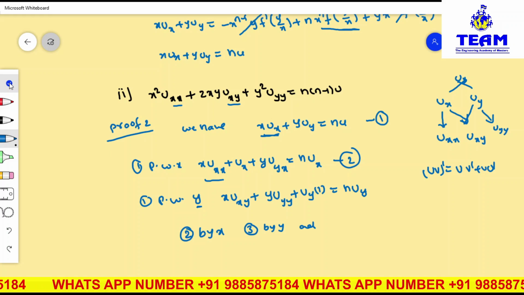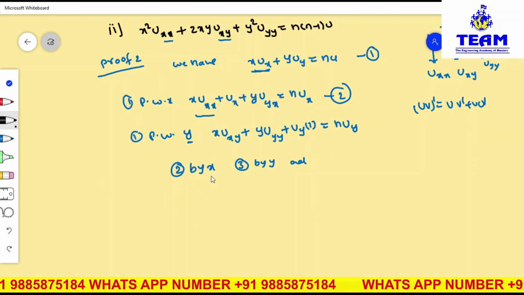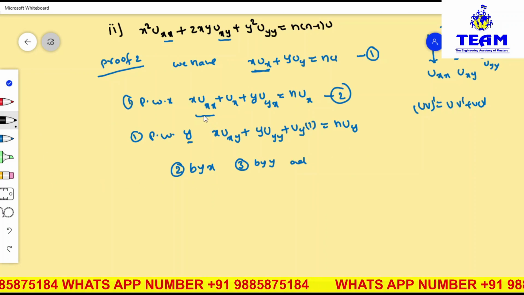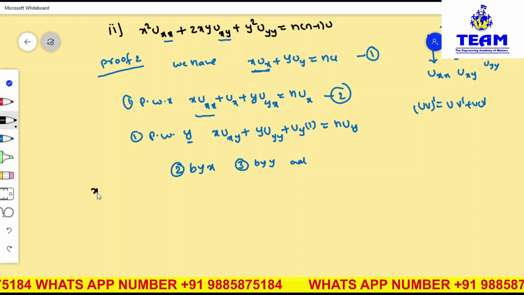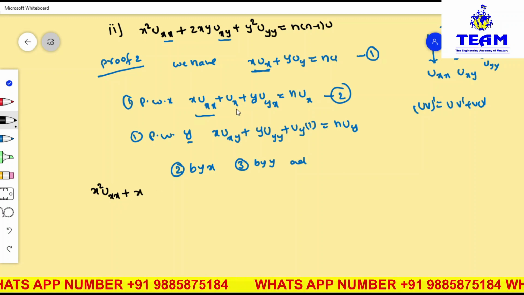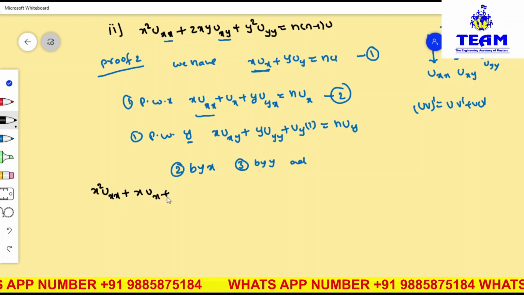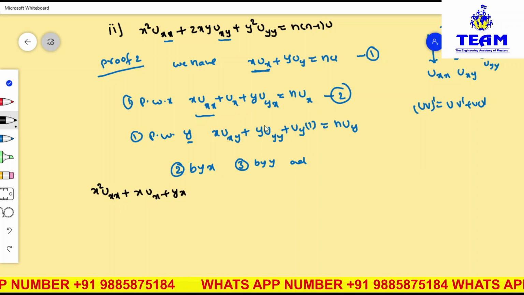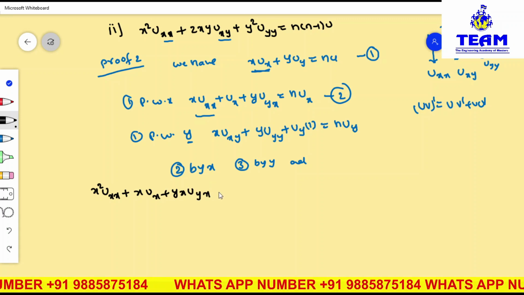Then we will have, if I multiply x for equation 2, then I will have x into x square into dou square u by dou x square, plus x into ux, plus yx into uyx is equal to right side.